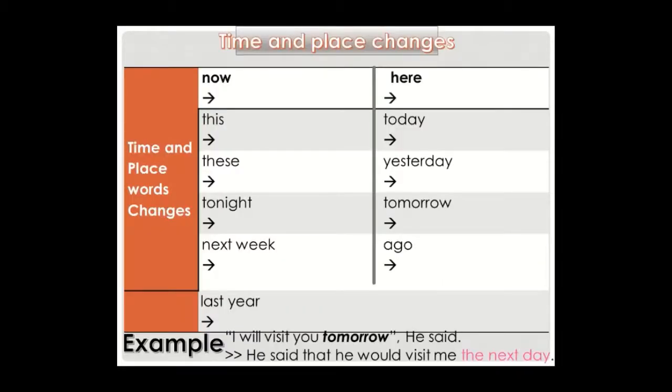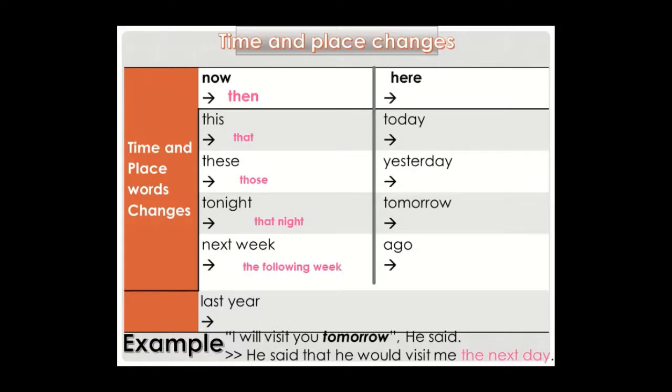Now we move to time and place changes. Some expressions of time and place change. For example, now in direct speech becomes then in indirect speech. This becomes that, and these becomes those. Tonight becomes that night.